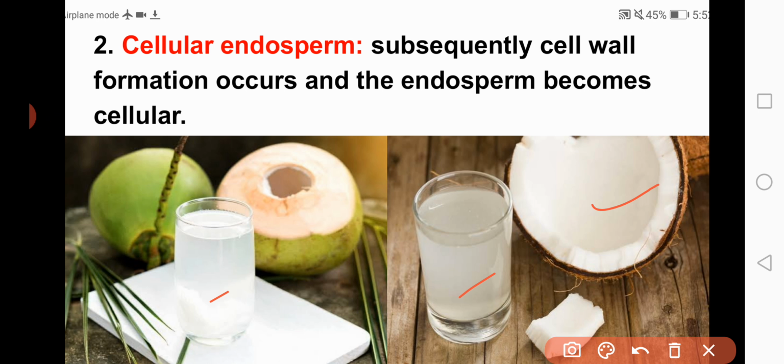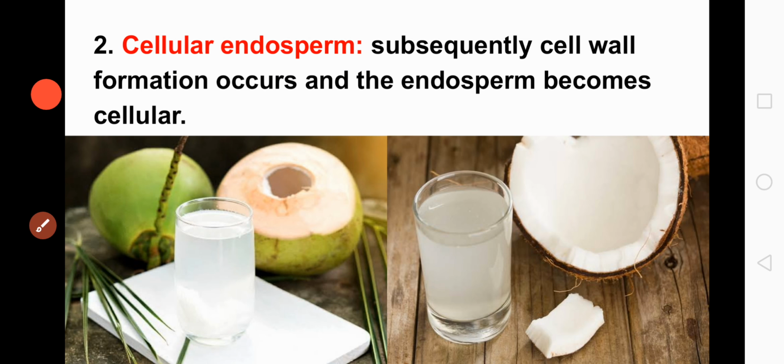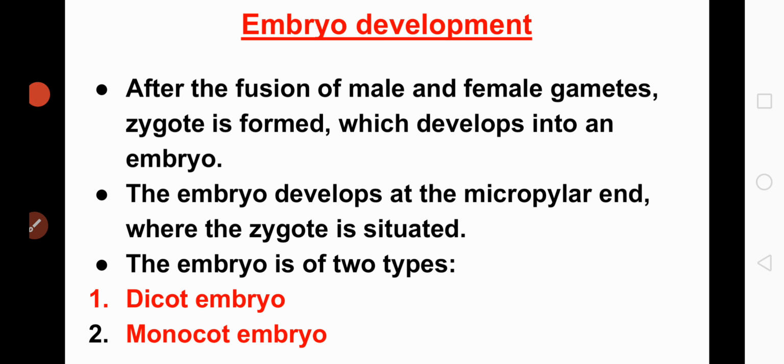Whereas in cellular endosperm, immediately after the divisions of nuclei, cell wall formation takes place, so that the endosperm becomes cellular. Understood?